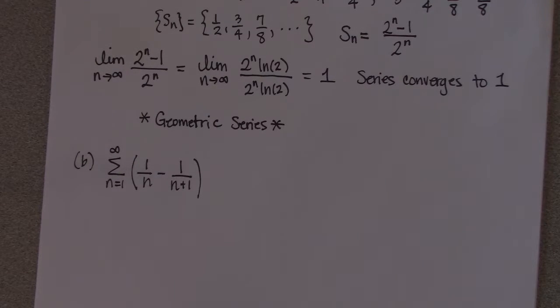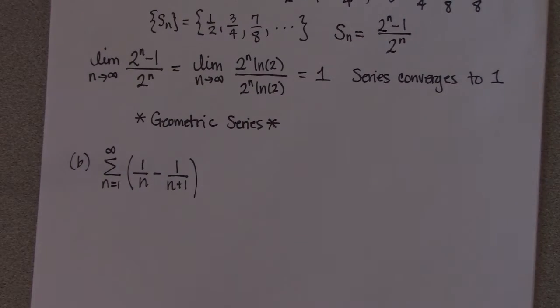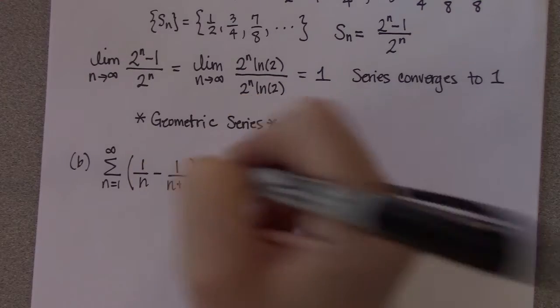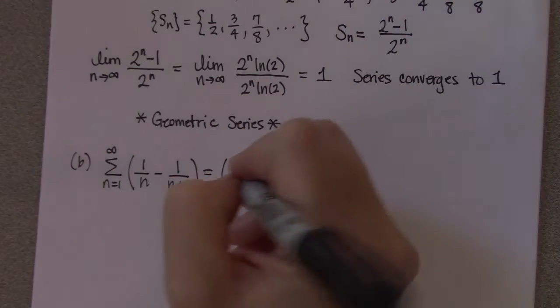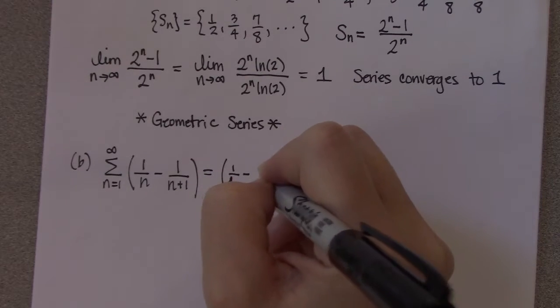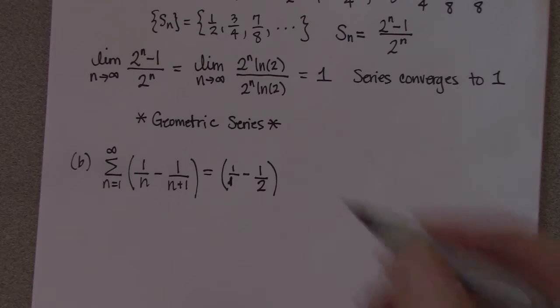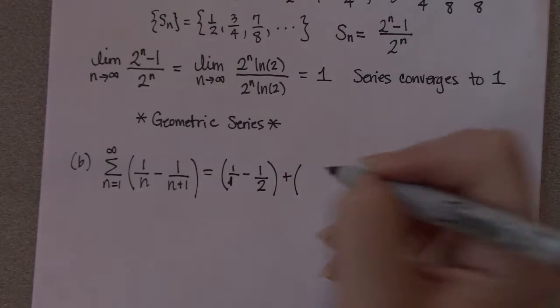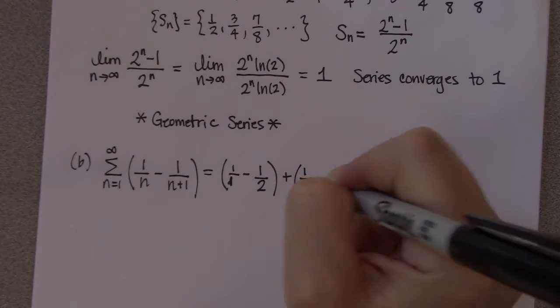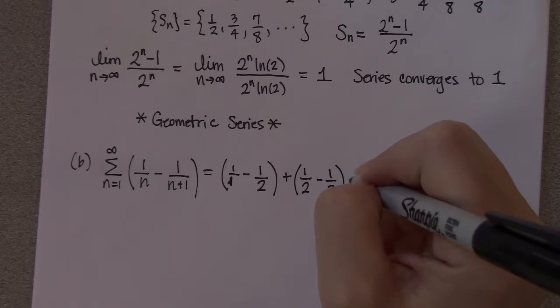So if we look at the nth term here, we can see that these are just the difference of 2 fractions. So if I plug in n equals 1, I'm going to get 1 over 1 minus 1/2. That's the first term. Then when I plug in n equals 2, I'm going to get 1/2 minus 1/3.